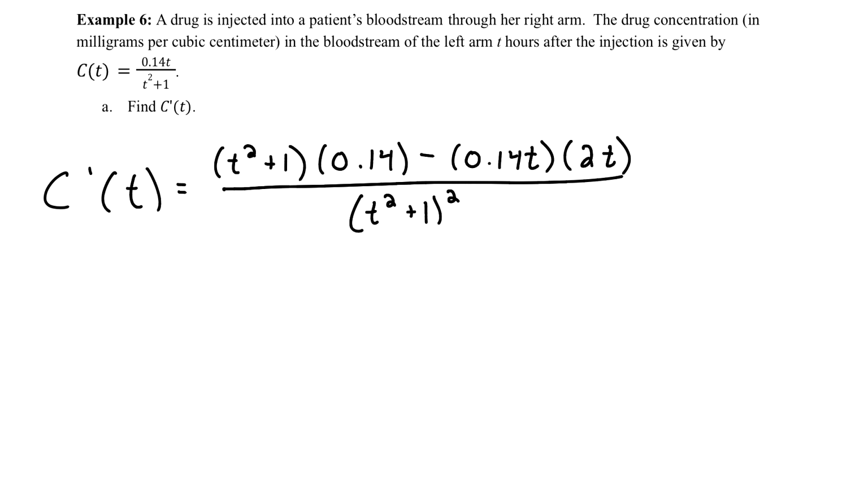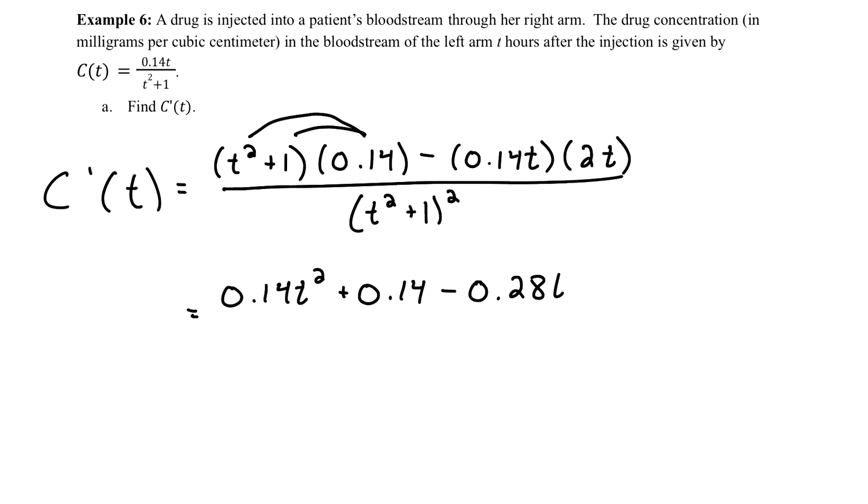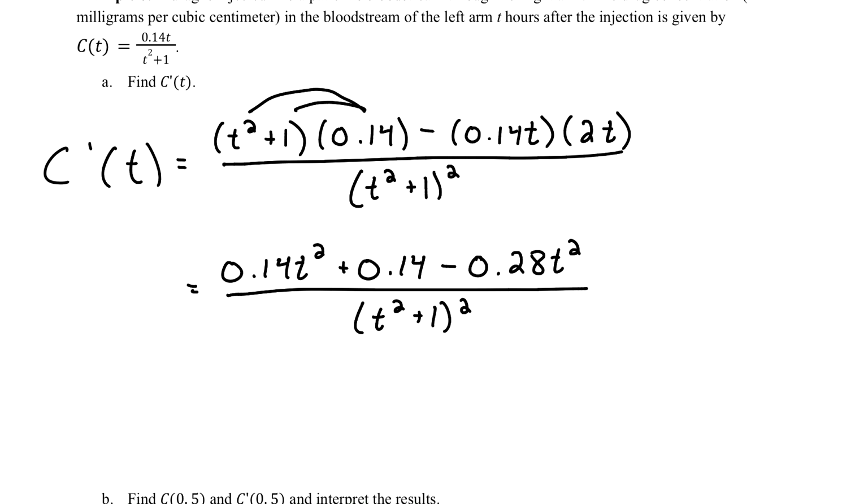So again, I'm just focused on simplifying this numerator. Here I can distribute that 0.14. So we'll have 0.14 t squared plus 0.14 minus, if I multiply those two, I should have 0.28 t squared, all divided by t squared plus 1 quantity squared. Again, don't worry about the denominator.